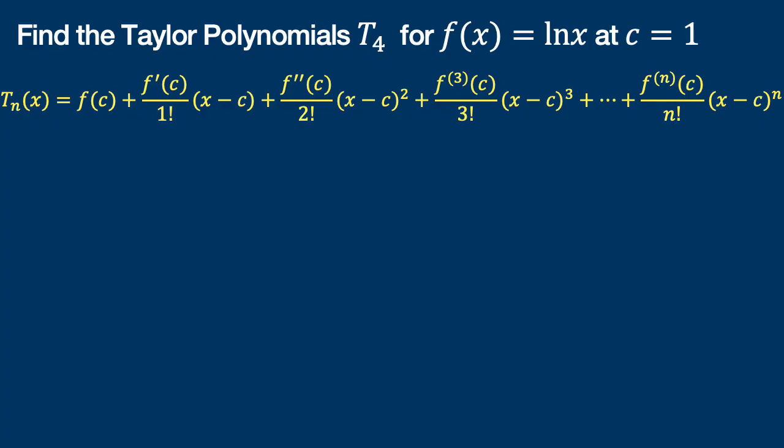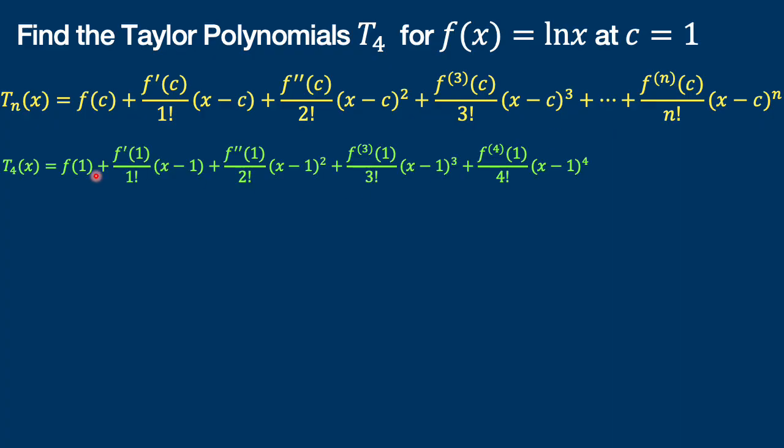Now let's have the degree 4 polynomial for ln x. Degree 4 Taylor polynomial means we're going to take from degree 0 until degree 4 terms, okay? So T4(x) is going to be f of 1 until the fourth derivative at 1 over 4 factorial times (x minus 1) to the 4th power.